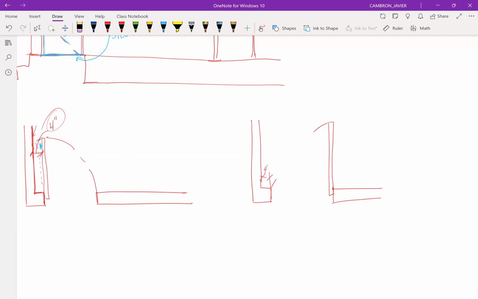So there's the door swinging in that direction. Ideally, when you enter a room, you want to open the door so that when I'm standing here, I'm able to look into the space.